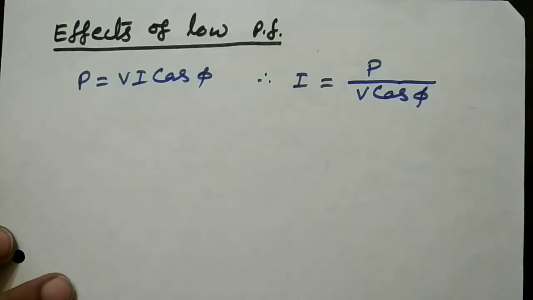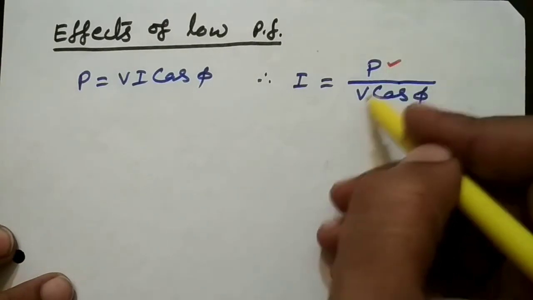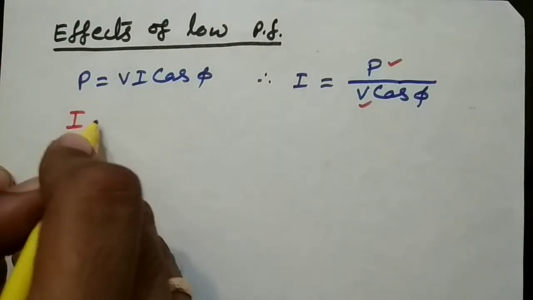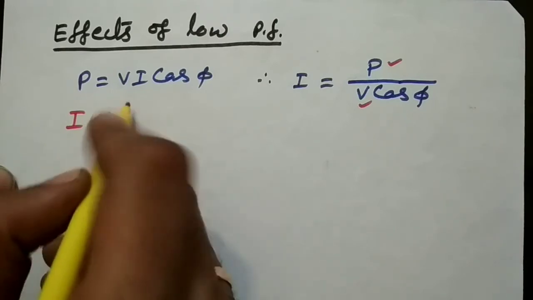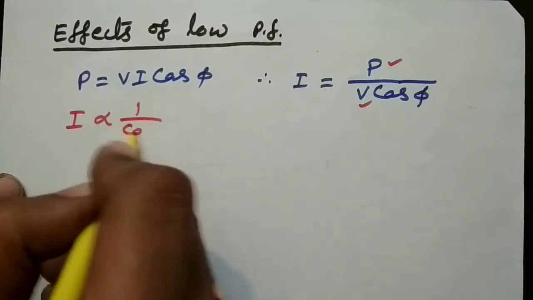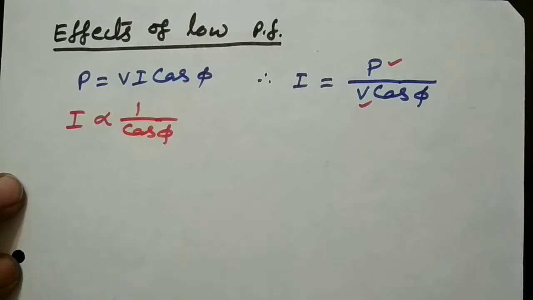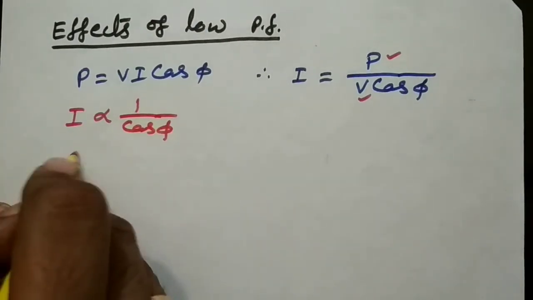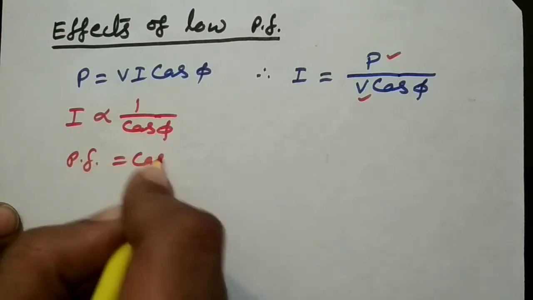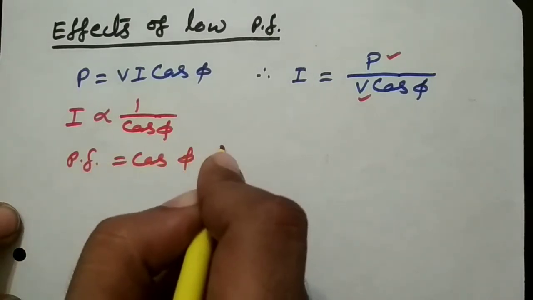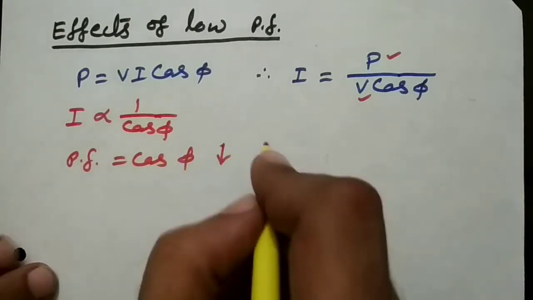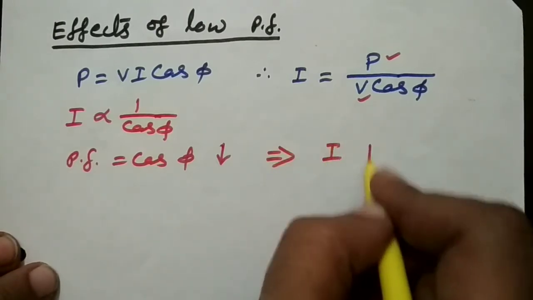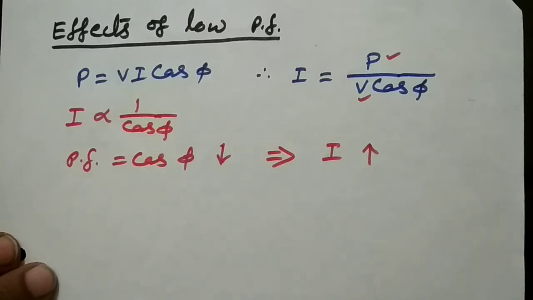So if P and V are constants, then we can say the current is inversely proportional to the power factor. That means if the power factor cos phi is low, it will indicate the current will be high, and vice versa.